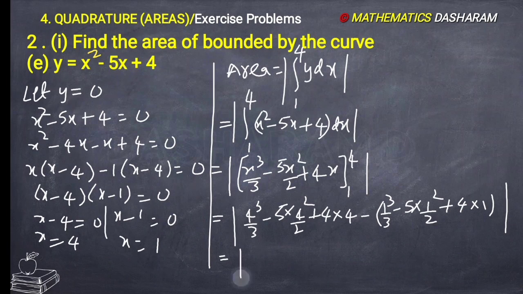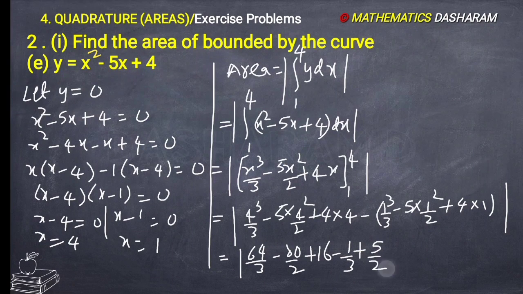So 4 cube is 64 by 3, minus 4 square is 16, 16 fives are 80 by 2, plus 4 fours are 16, minus 1 cube by 3 is 1 by 3, minus into minus plus 5 by 2 minus 4.